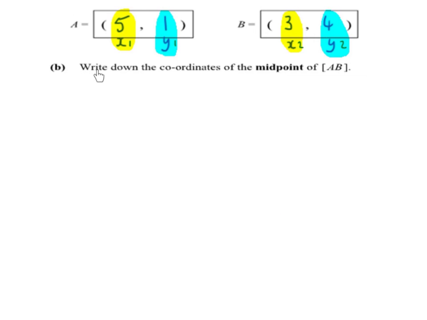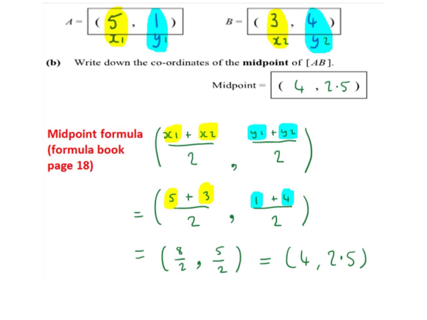Part B. Write down the coordinates of the midpoint of AB. So we're going to use our point A and our point B, and we're going to get the midpoint of these 2 points. So we're going to use our midpoint formula from our formula book on page 18. So page 18 has all our coordinate geometry formulas.